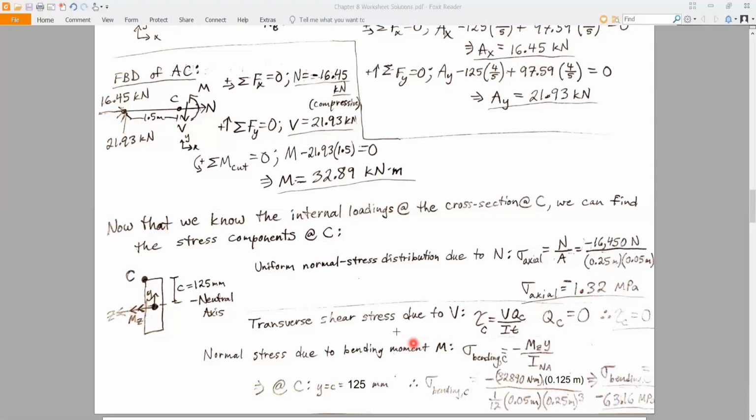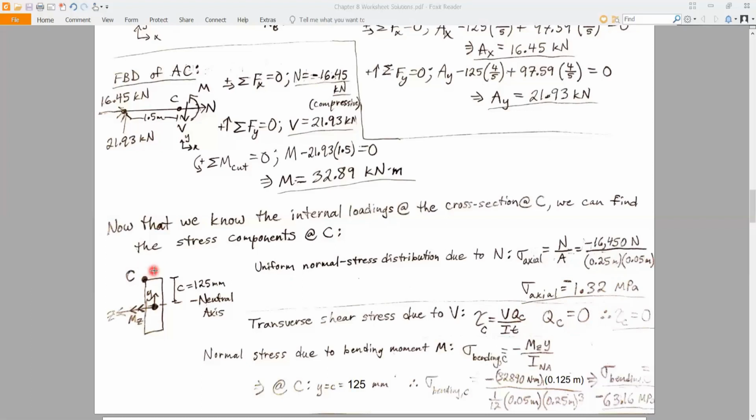Now let's look at our transverse shear stress due to that tangential V force here. Right, so we're going to use our shear formula, VQ over It, but since we're up here at C, at our outer surface, we know that our shear stress is going to be 0 there. Why is it 0? Well, basically because this Q value is going to be 0. Q is our y bar prime times A prime. A prime doesn't exist up here.